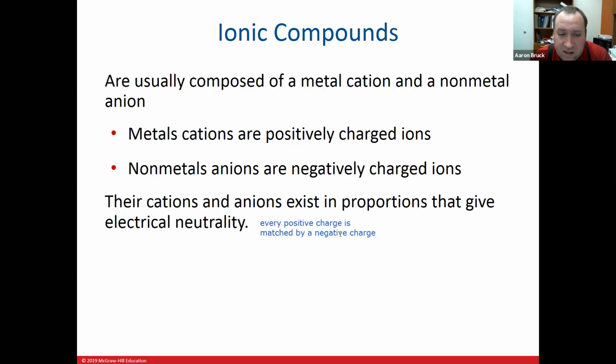No leftover positives, no leftover negatives. So if I have a positive 2 ion on one side and a negative 1 ion on the other side, I've got to do something with the ratio of these 2 ions to each other to get the charge neutrality. And so that's why we'll get different kinds of formulas for different ionic compounds based upon their ions and the ionic charges.